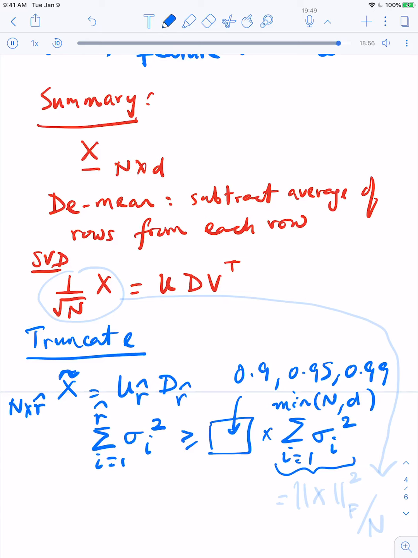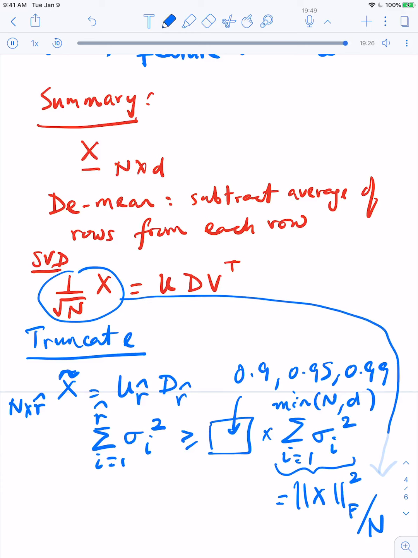And of course, let's not forget that the sum of the squares of all the singular values is simply the Frobenius norm squared of X. Right. So basically, I was looking at 1 over root n times X, so I guess I should say the Frobenius norm squared of the matrix without normalization divided by n, the way I have defined it here.